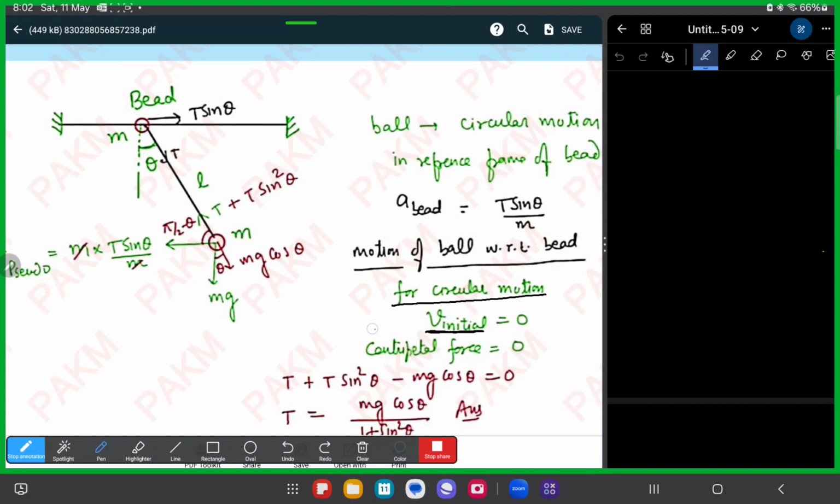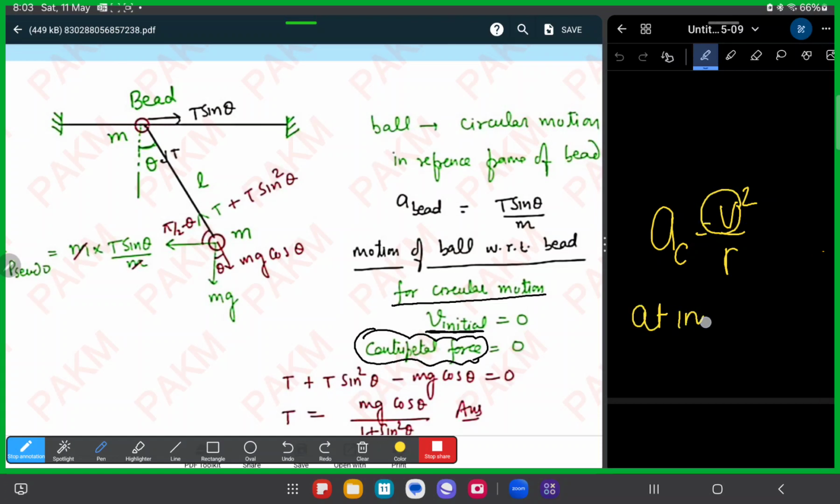And the centripetal force, since the initial velocity is zero, the centripetal acceleration AC is equal to V square by R. Since initially t is equal to 0, V is 0.